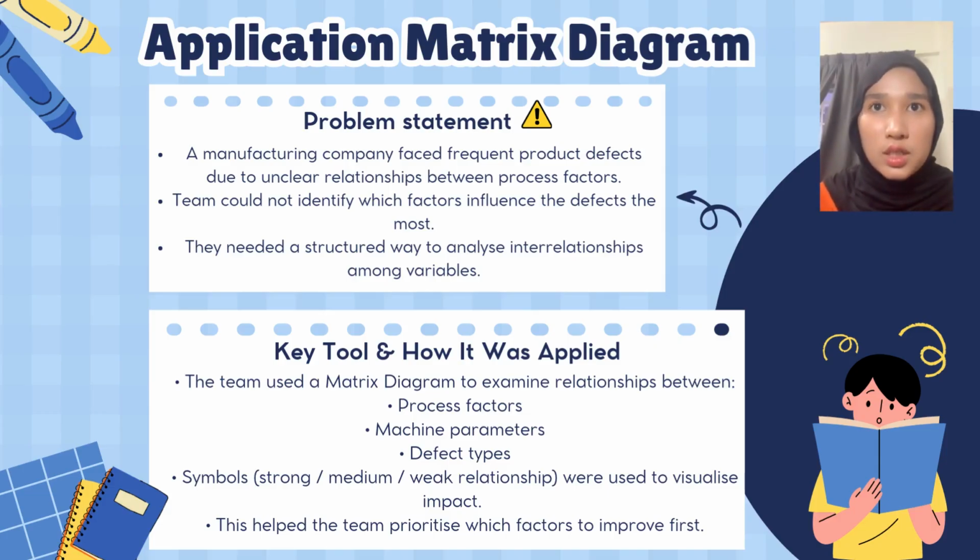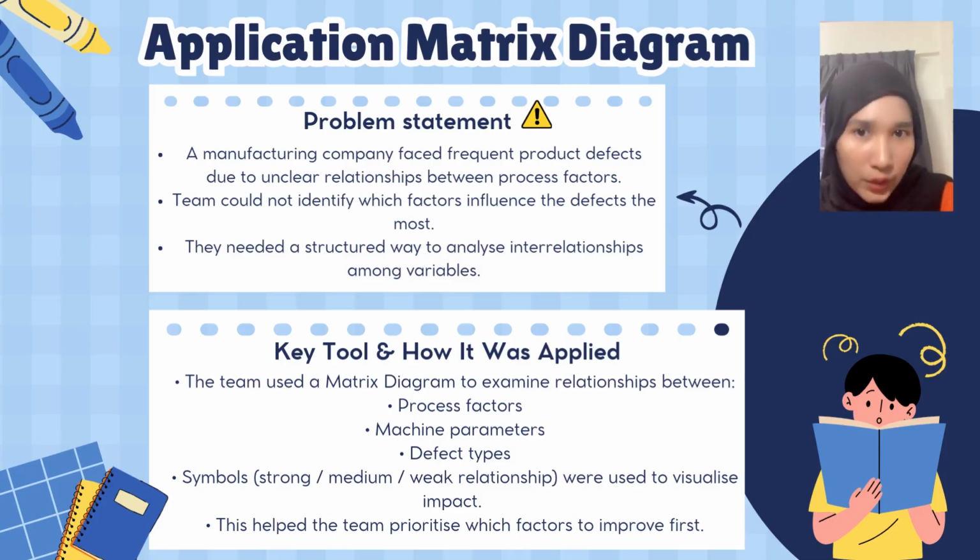To solve this issue, the company used a matrix diagram. The matrix diagram helps compare several factors in one table, and we can see whether the relationship is strong, medium, or weak. From this case, they listed the process factors, machine parameters, and types of defect.